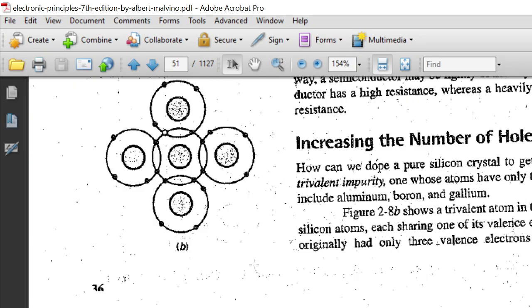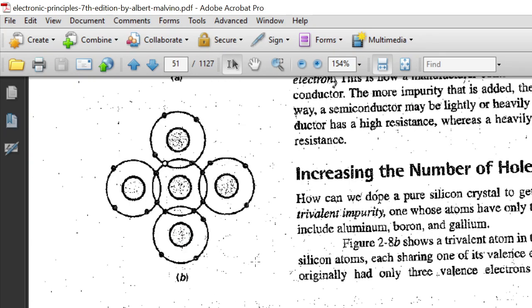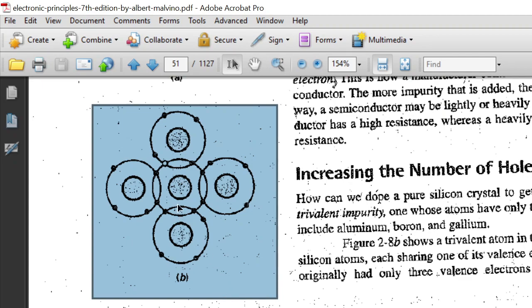So now, how to increase the number of holes? To increase the number of holes, the impurity that we add is a trivalent impurity. Examples of trivalent impurities are aluminum, boron, gallium. These are trivalent atoms. So what happens? Look at this picture. The central one is a trivalent atom. It has 3 electrons in its outermost shell, and receives an additional 4 electrons from neighboring silicon atoms.